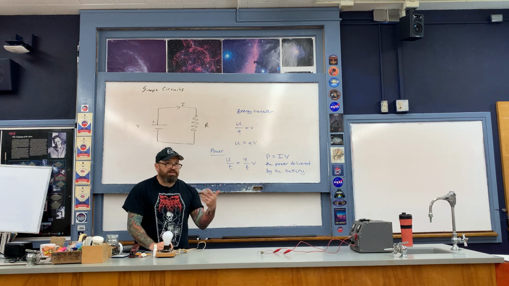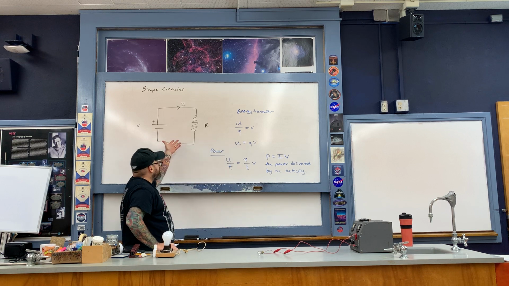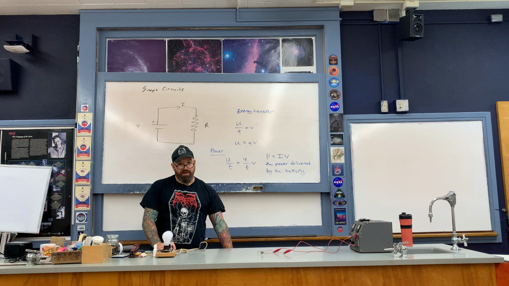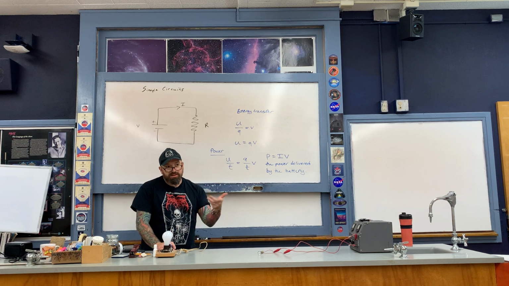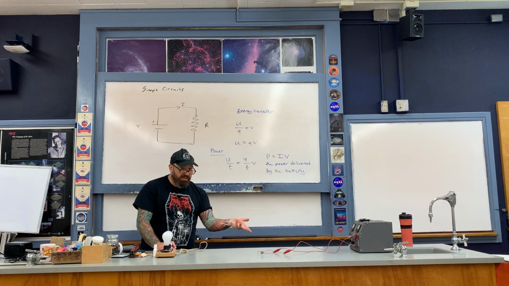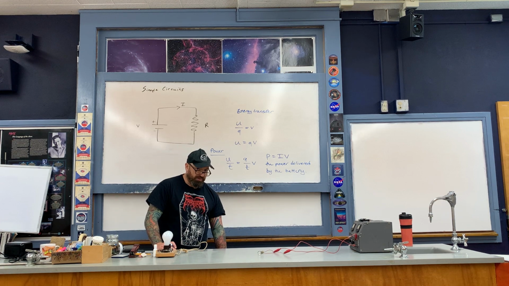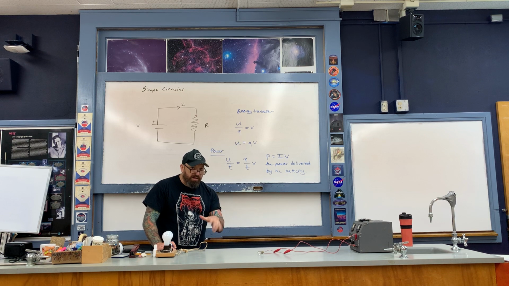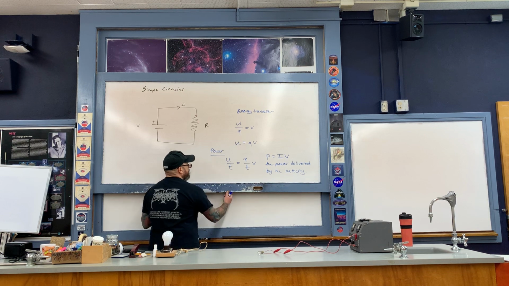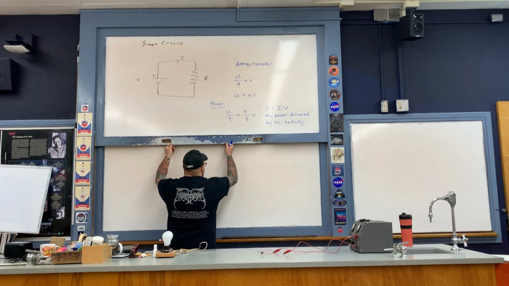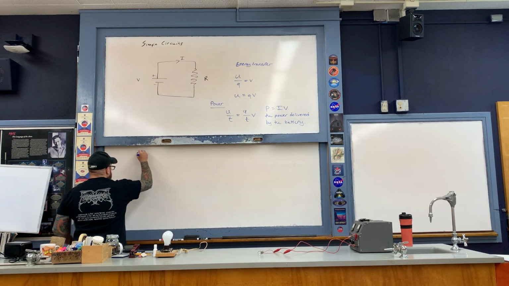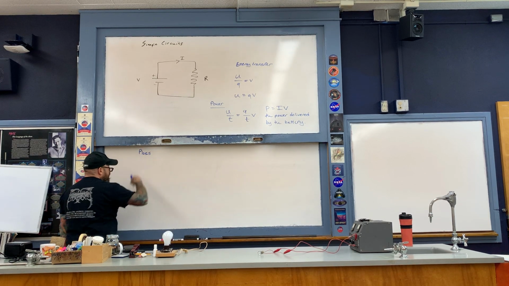Okay, now in a simple circuit, such as what we've drawn here, what then happens to all of that energy? Well, ultimately it's lost as heat due to resistance in the wires. The resistor in this case is a combination of the light bulb and the wires that I'm using in my simple demonstration. Okay, how do we write that mathematically? This is referred to as the power loss.